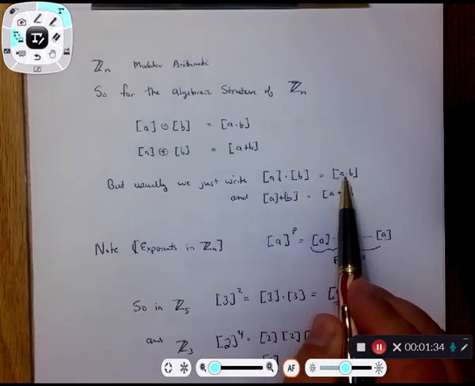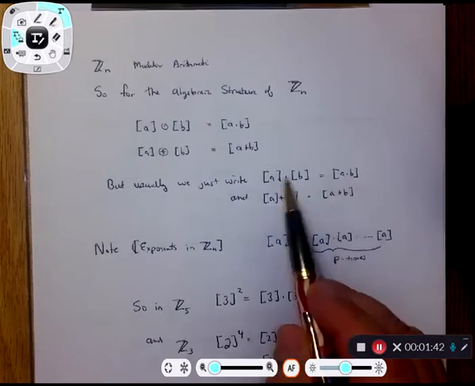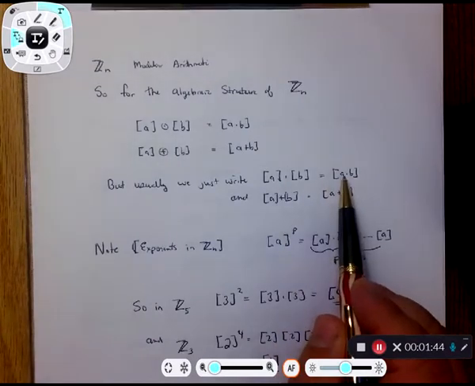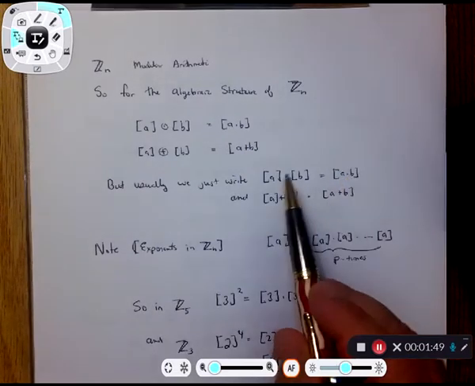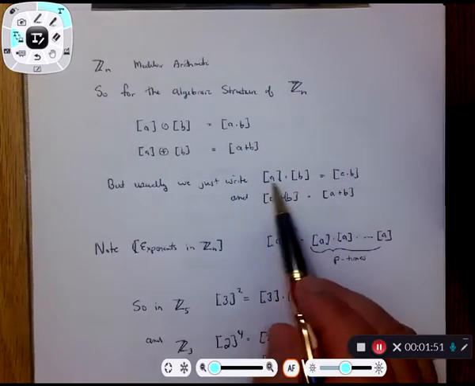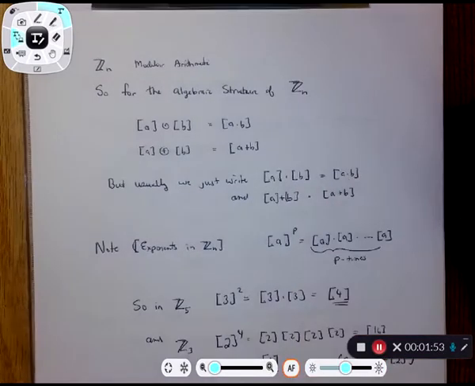But 6 is too big. Z4 is actually 0, 1, 2, 3. So I've got to convert 6 back into Z4, and basically, you divide by 4 or keep subtracting 4, and you get 2. So you end up getting 2 times 3 is equal to 2.